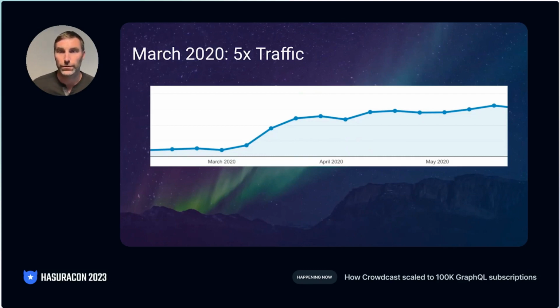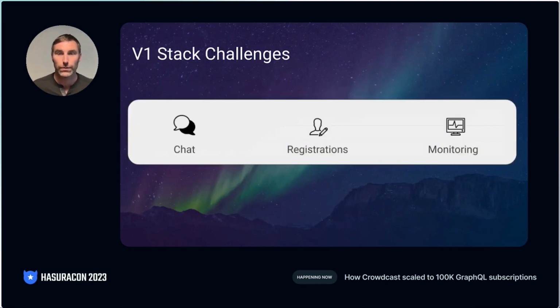And this, of course, is a great business opportunity for Crowdcast, but it does come with technical challenges. For us specifically, to zoom in on what our V1 stack was challenged with, the chat was a major issue for us. So having that many people conversing online at the same time, we were not ready for, especially the major increase in traffic.